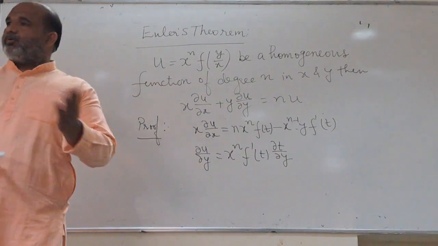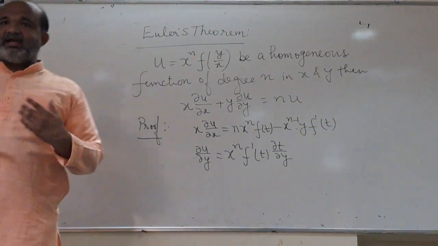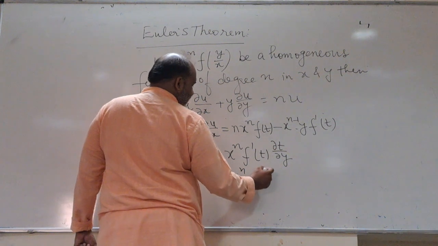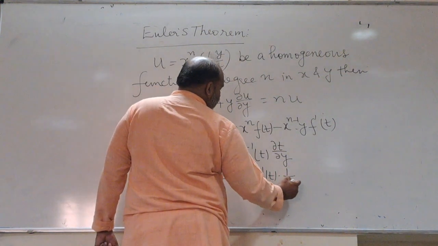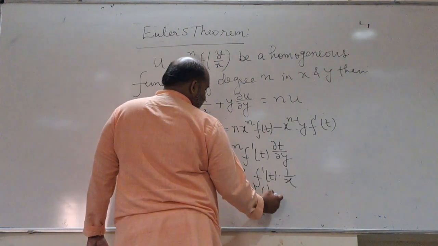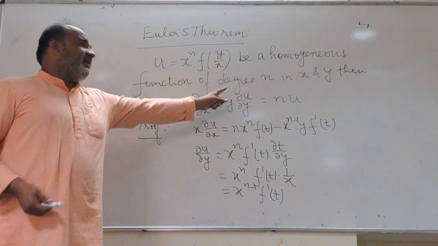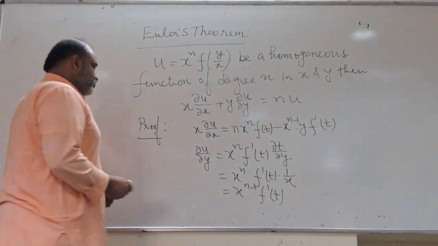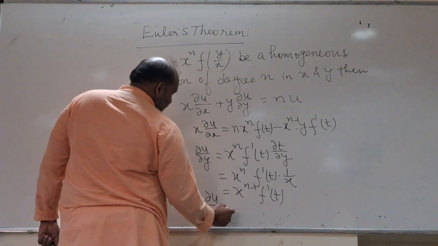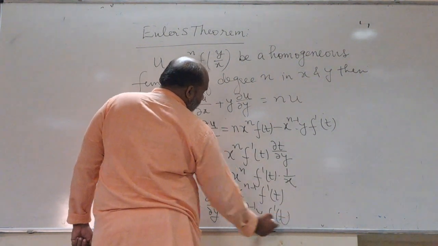Now t is equal to y upon x, so ∂t/∂y will be equal to 1 by x. So this will be x^n f'(t) into 1 upon x, and upon simplification this will be x^(n-1) f'(t), and I need here y ∂u/∂y. So the expression for y ∂u/∂y will be now x^(n-1) y f'(t), and we are almost done.